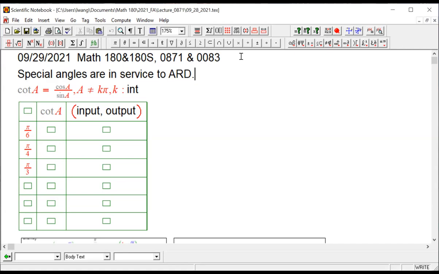They will not know the answer. What does that mean? That student did not understand trigonometry at all. What is the core of trigonometry? ARD. So the special angles are in service to understand ARD. Do you guys understand the relationship?